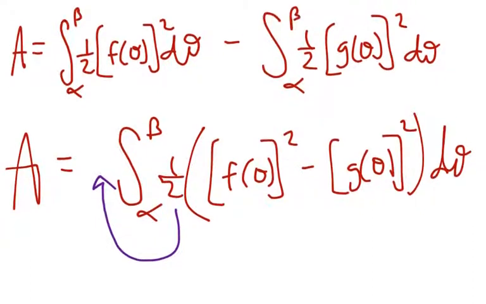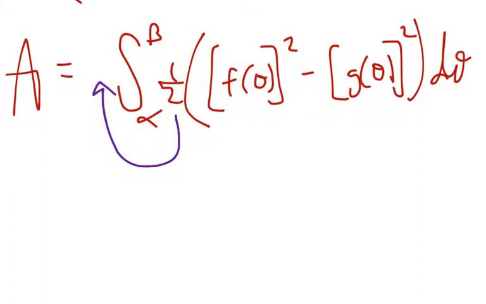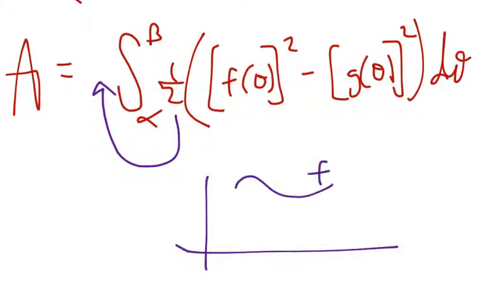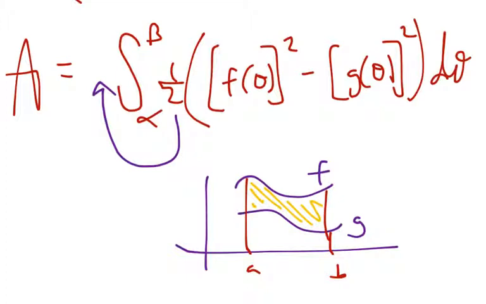Now, just to contrast this a little bit with the area bounded by two curves in rectangular form, if this is F and this is G over here, and we were trying to find the area from A to B, like we've done many, many times. Again, this is back in rectangular form.